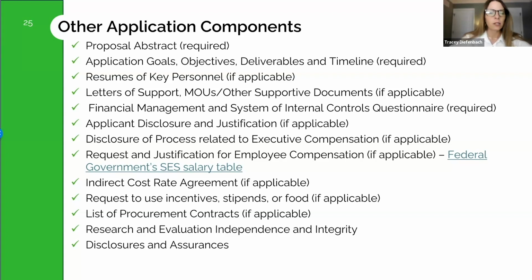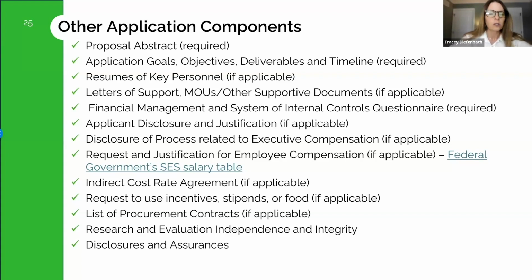If research and/or evaluation are proposed in the project, the applicant may need to demonstrate independence and integrity, including safeguards for both the research and/or evaluation project proposed in the application. Other disclosures and assurances include disclosure of lobbying activities, applicant disclosure of duplication and cost items for any pending federal grants or cooperative agreements to support the same project that is being proposed, or cover any of the same cost items in the proposed budget.